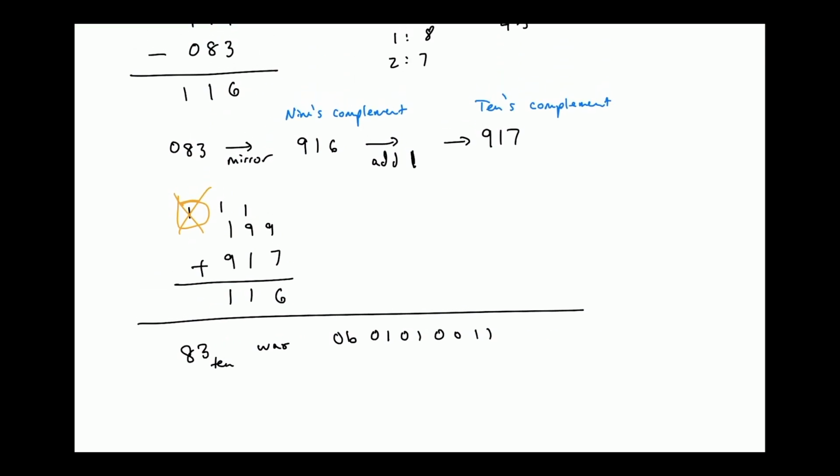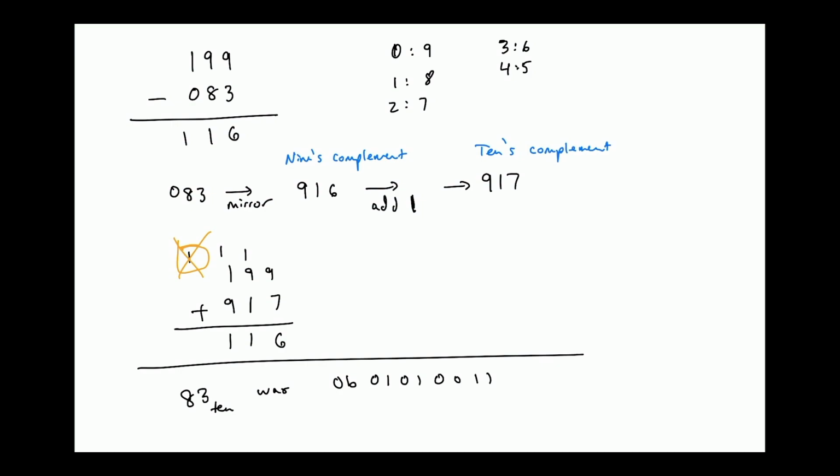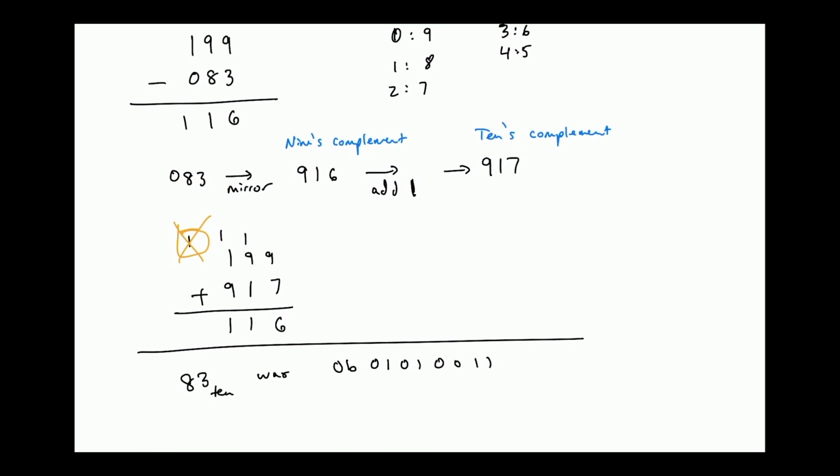So what basically I have done here, the trick that I've done, is I wanted to think of how to do 199 minus 83. And that's a perfectly logical mathematical operation to do. You guys have been doing subtraction since grade school, no big deal. But notice that with this trick, I was able to do the problem without actually doing subtraction.